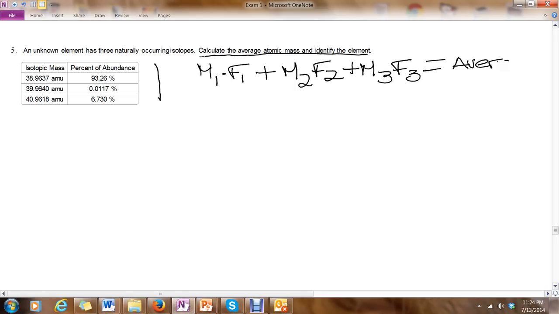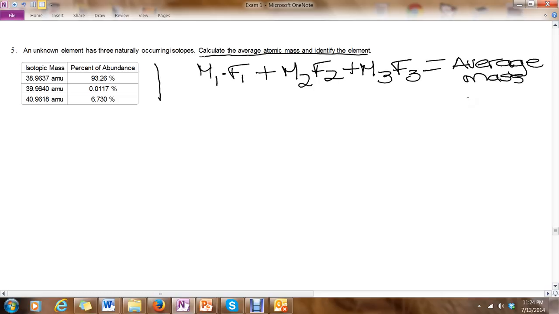The formula works for 2, 3, 5, or 10 isotopes. It depends how many we have, but the sum of the mass multiplied by the fraction for each one has to give me the average mass of the isotopes.